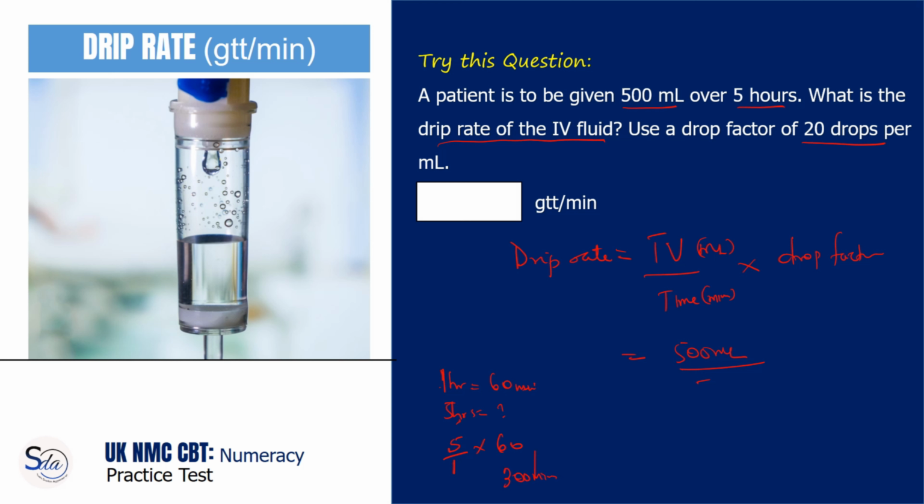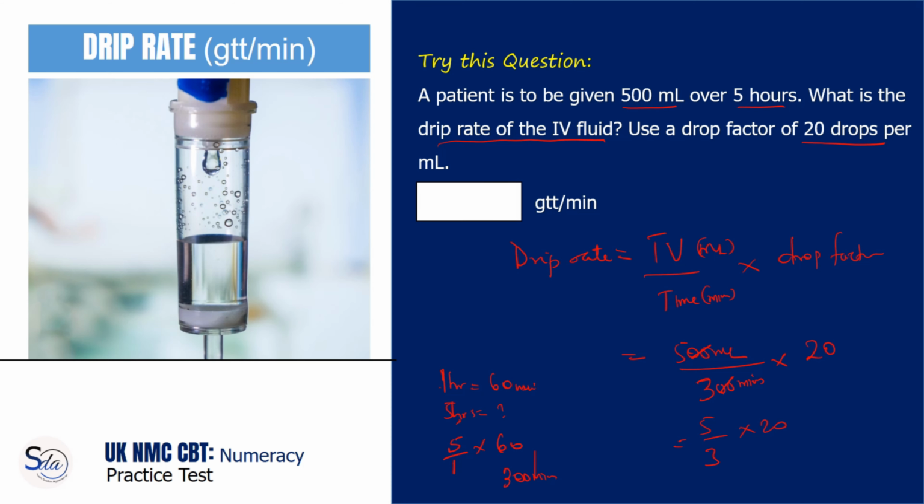Okay, so you just pop 300 minutes on here times 20. Let's get these two zeros out. We have 5 divided by 3 times 20. So let's punch this into our calculator as well. So remember, in the CBT we get a calculator on the side, so it will be much easier for you to deal with that. 5 times 20 divided by 3.